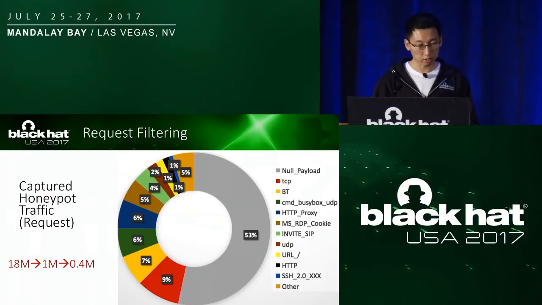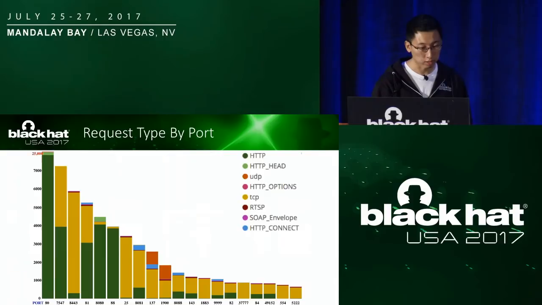By applying those heuristics, we successfully reduced the total number of raw requests we used to scan from 80 million to less than 1 million. Then we combine the similar or same requests together, and the number of requests we left is around 0.4 million.